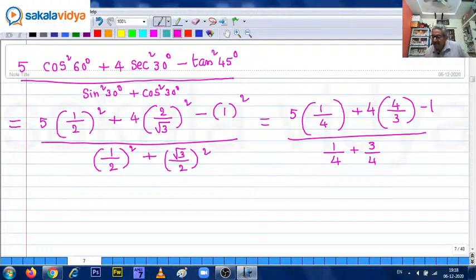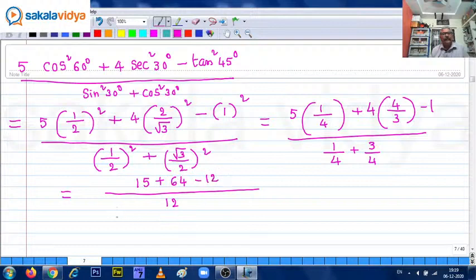So everything is completed. This equals, LCM is 12. 4 threes are 12, 3 into 5 is 15, plus 3 fours are 12, 4 into 16 is 64, and minus 12 upon 12.